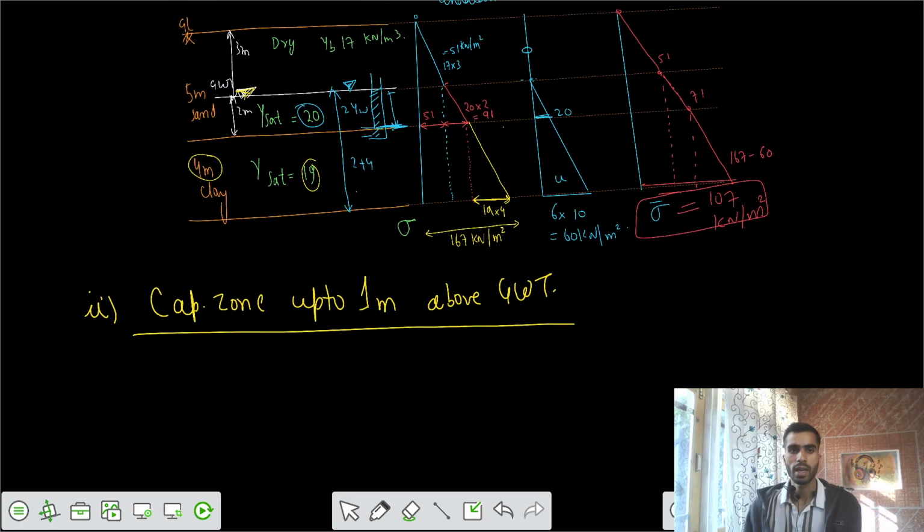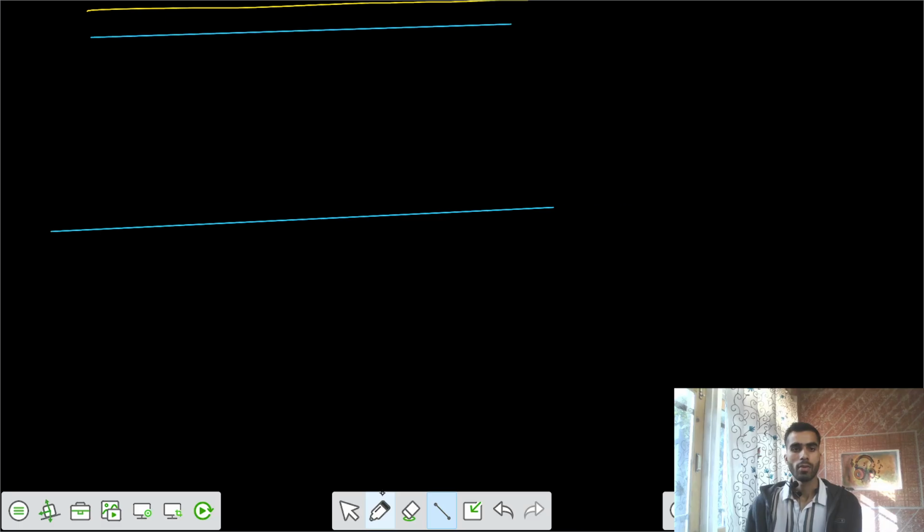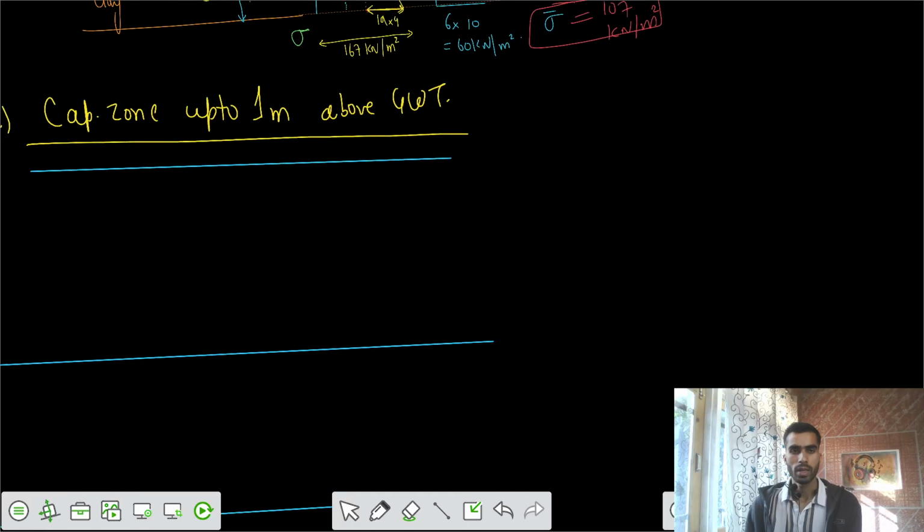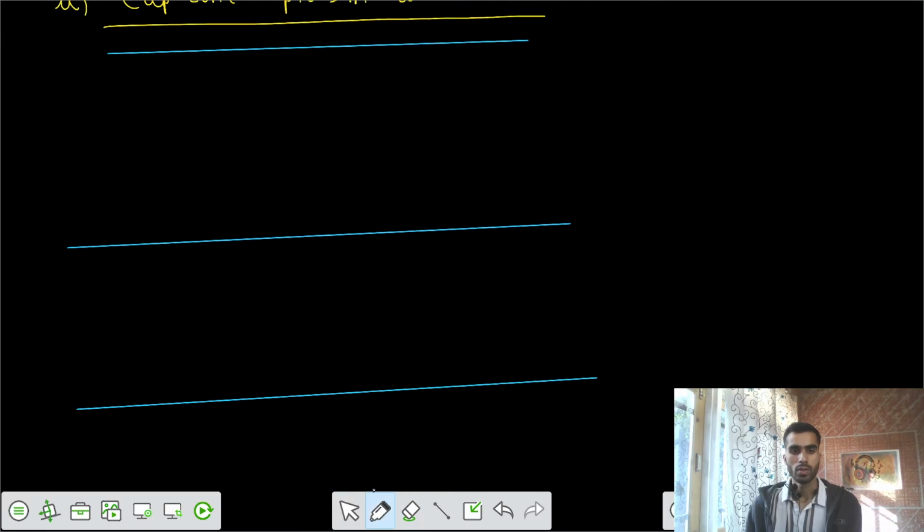We have 5 meter sand, 4 meter clay. And where was the groundwater table initially? The groundwater table is 2 meters from the clay layer above. So this is your clay layer somewhere, 4 meter, 5 meter. This is 4 meters, this is 5 meters, and 2 meters is somewhere here.